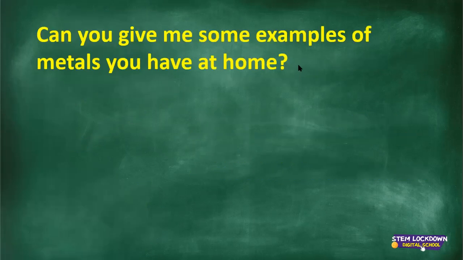So, for example, what kinds of metals can you identify there at home? Tell me what different types of metals can you identify at home? Sakura says that he or she can see iron, okay?